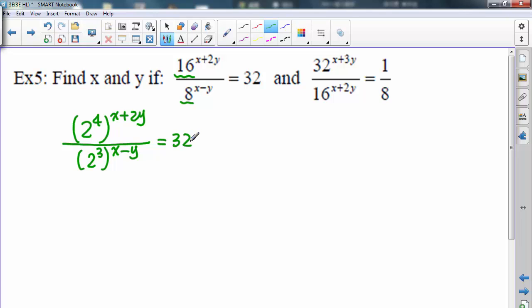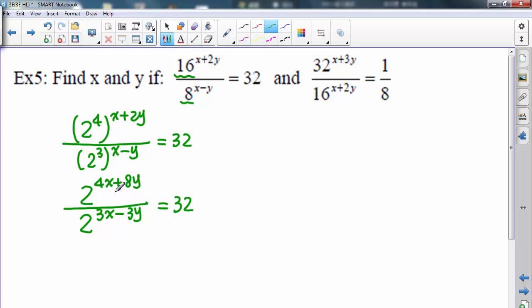Let's simplify this equation further. 2 to the power of 4, raised by x plus 2y, I can multiply the exponents because this is a power of a power. So it's 2 to the power of 4x plus 8y. Then open the brackets, multiply the exponents here as well. So it's 2 to the power of 3x minus 3y equals 32.